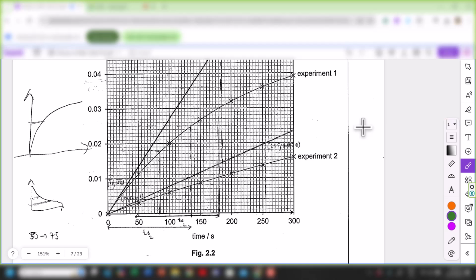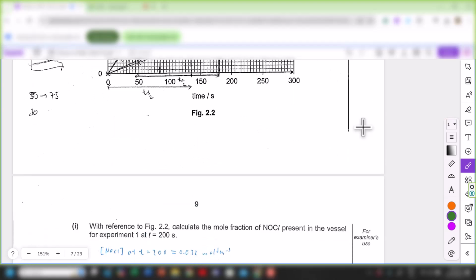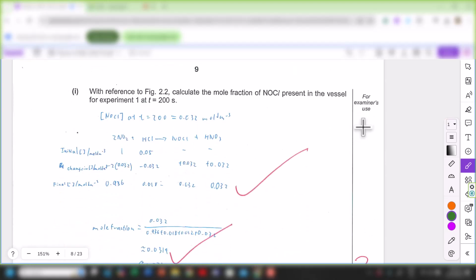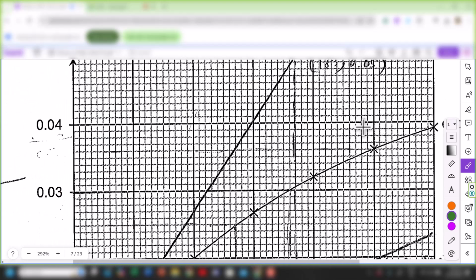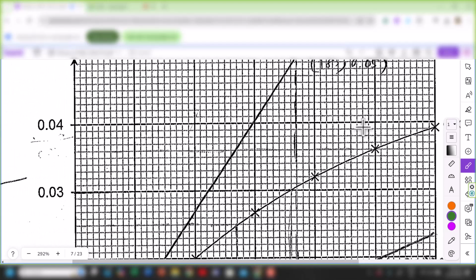If you read off the graph carefully, you should get, for experiment 1 at t equals 200 seconds, 0.032. It's over here. Because I gave you the A4 copy, so I think you can easily get the data.